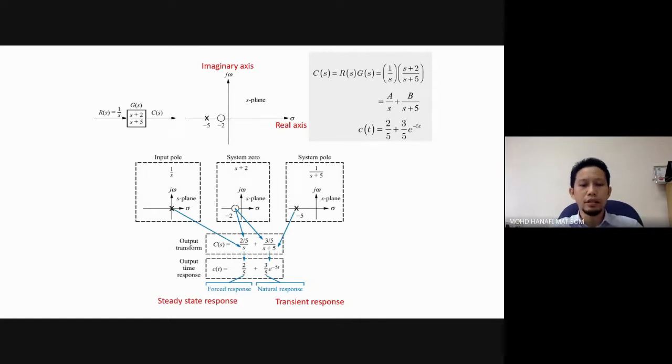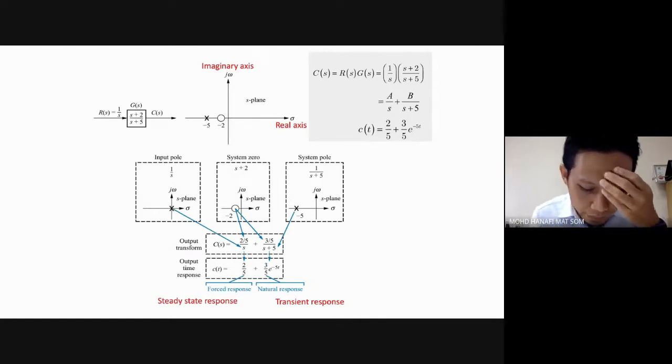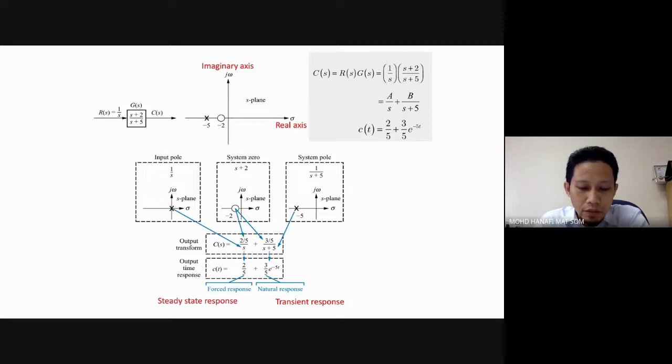Again, the same example here. We have (s plus 2) over (s plus 5). This is the system G(s). Let's say we have the input R(s) equals 1 over s, the step input.